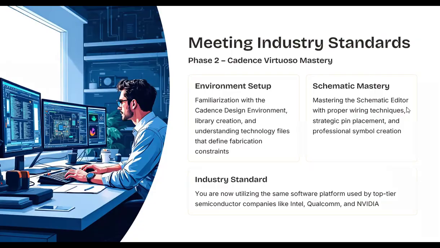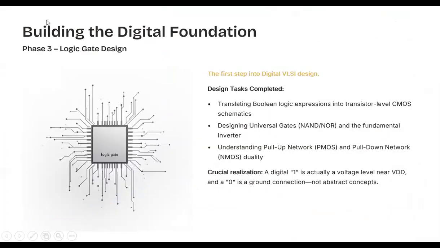Then we focused on building the digital foundation. In this digital foundation, we saw how we can go for Boolean logical expressions. We initially worked with NAND or NOR logic and mostly on the fundamental inverter. We saw that from only PMOS and NMOS we created this NAND or NOR.